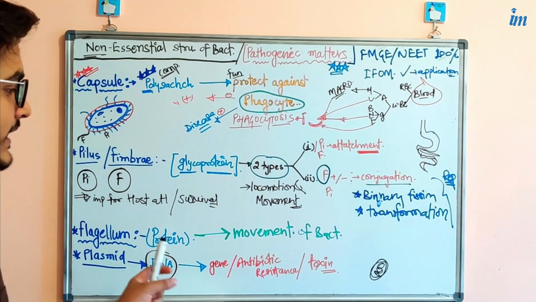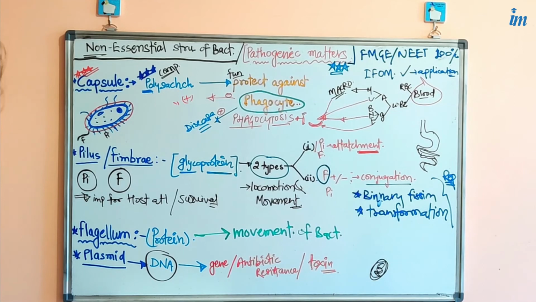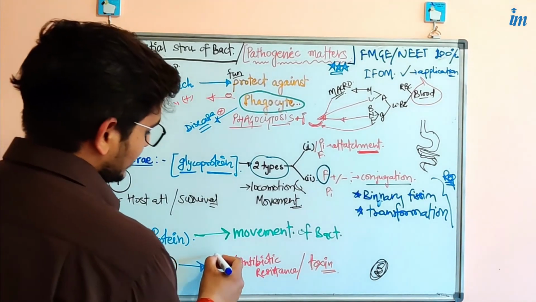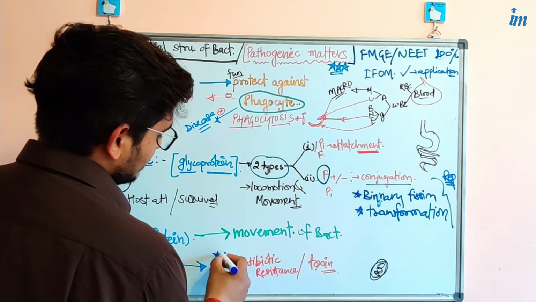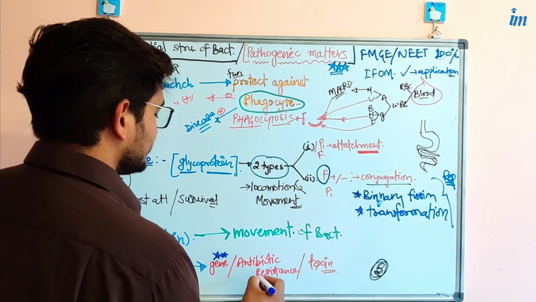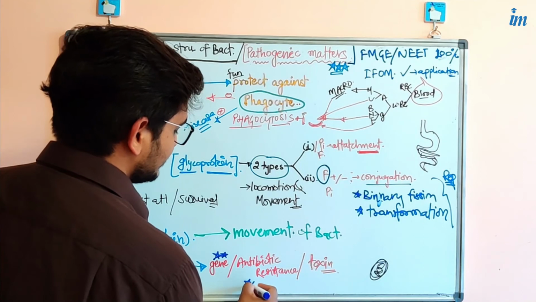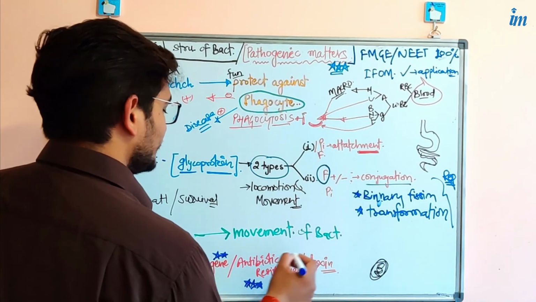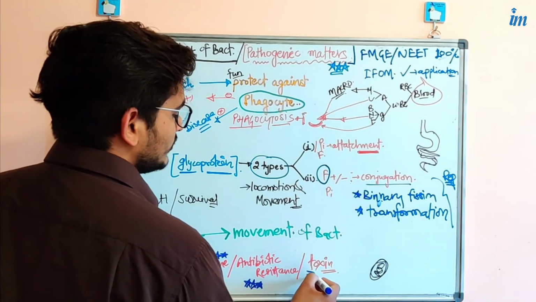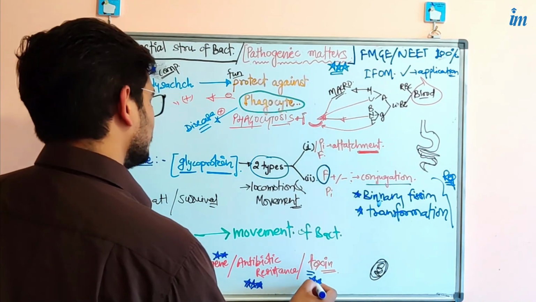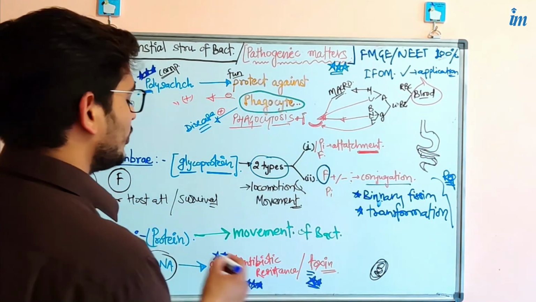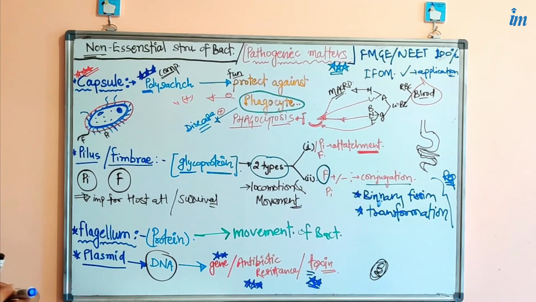There are two very important functions of the plasmid which have been asked in questions: they carry antibiotic resistance genes, and they are able to produce toxin. All three options were right when you solved the question in an FMG.